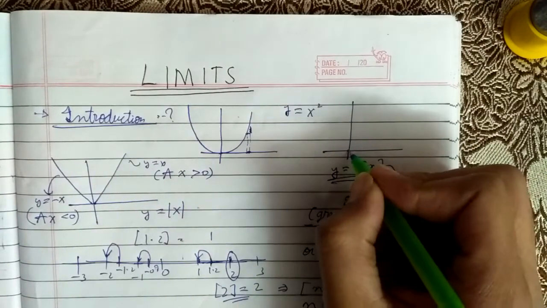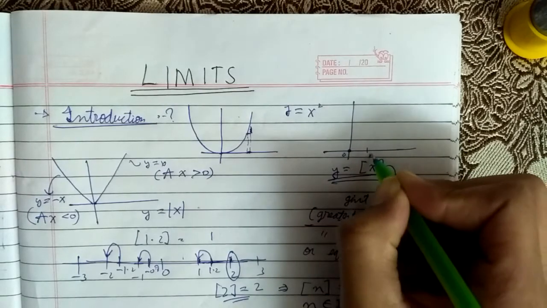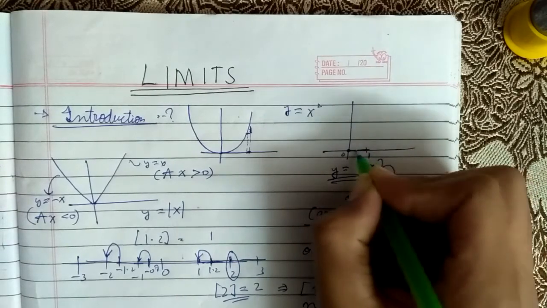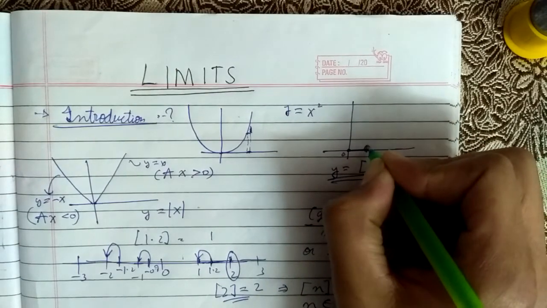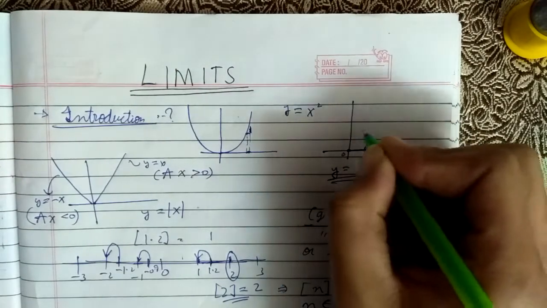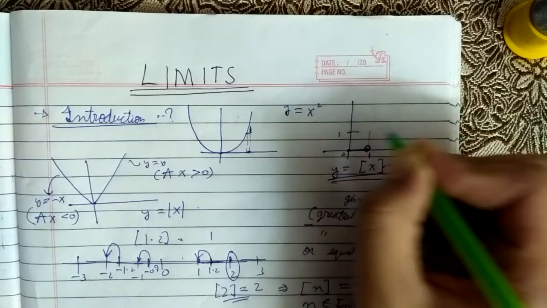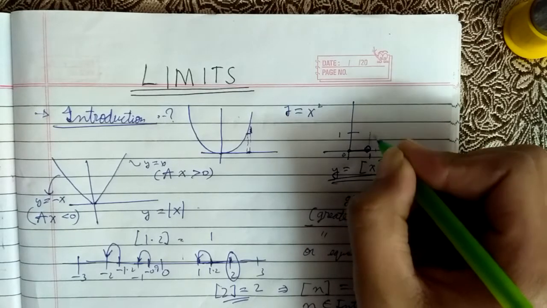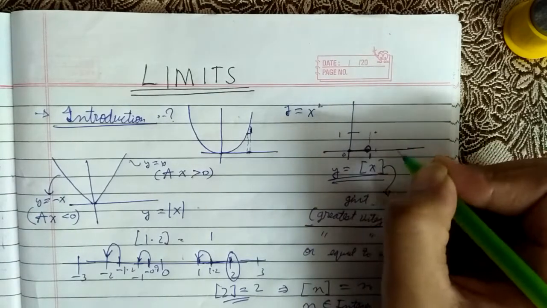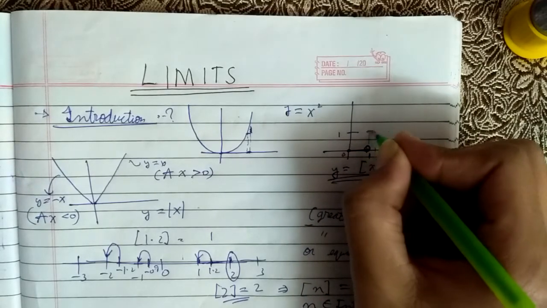Then we plot the graph for y equal to [x]. From 0 to 1 it would be a straight line, and at 1 there would be a jump and a discontinuity. For 1.1 the value would be 1, for 1.9 the value would be 1, and so on.